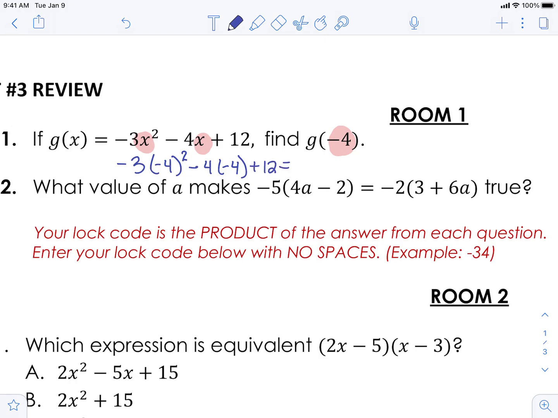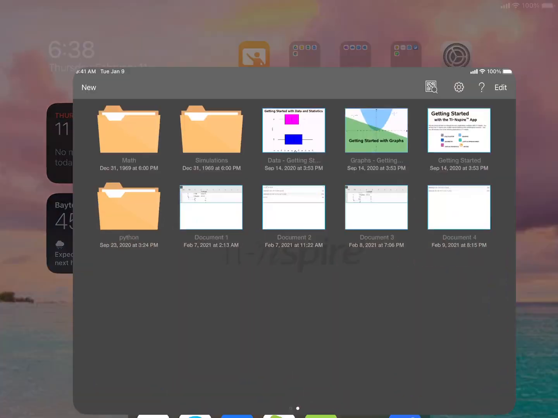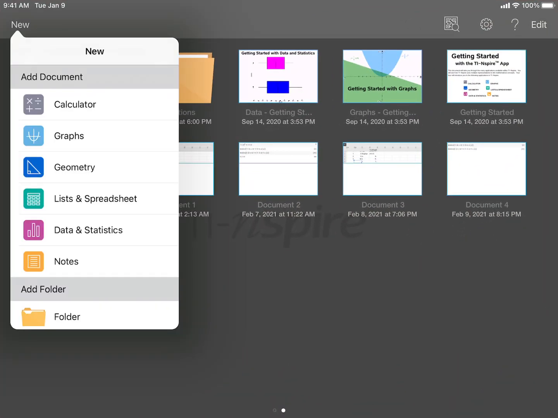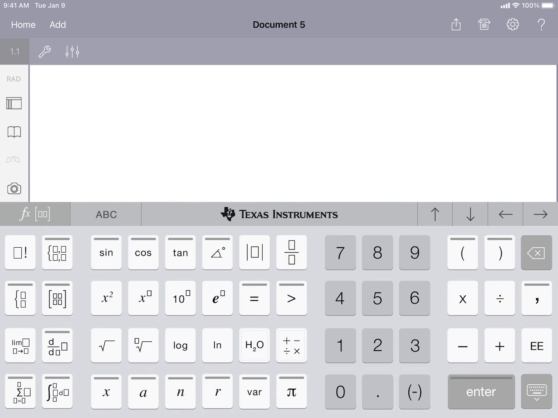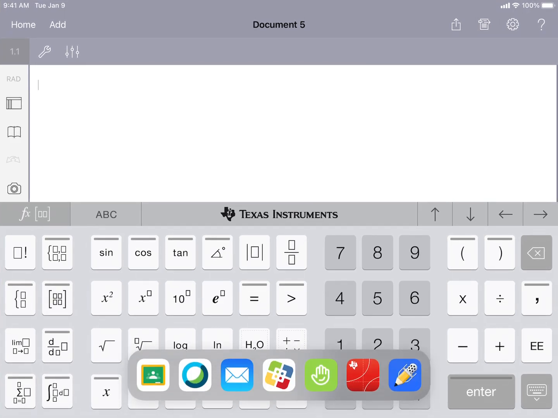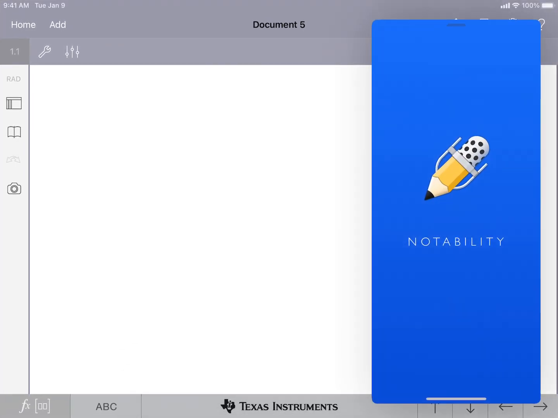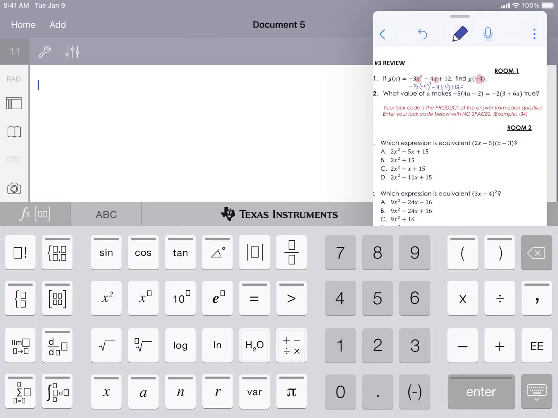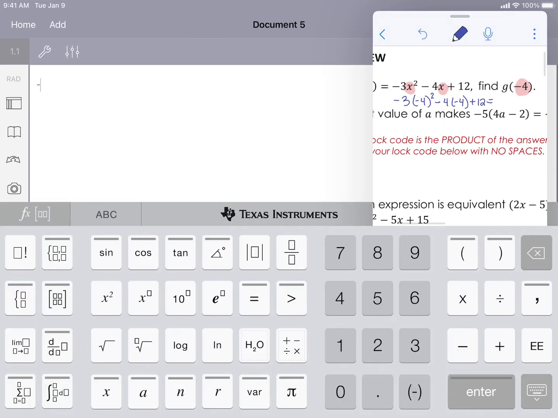And then all we're going to do is go over to our calculator and type it in. So I go to the calculator part of the calculator, and now I'm going to put my notes on top of it so I can see what I'm typing in. So here we go. Negative 3 parentheses, negative 4, and then squared minus 4 times negative 4 plus 12.